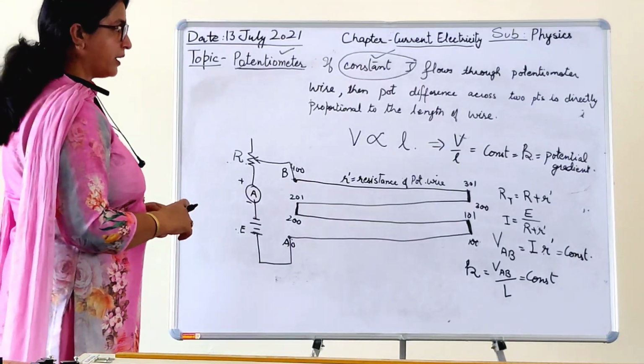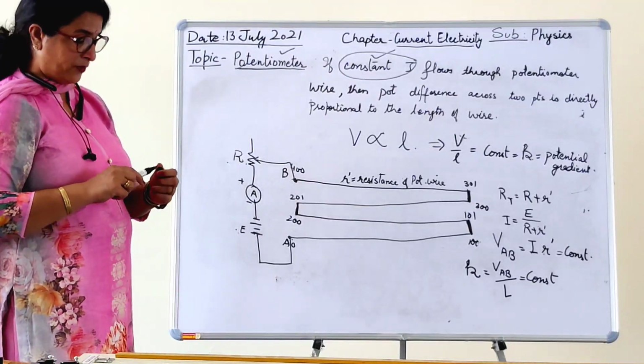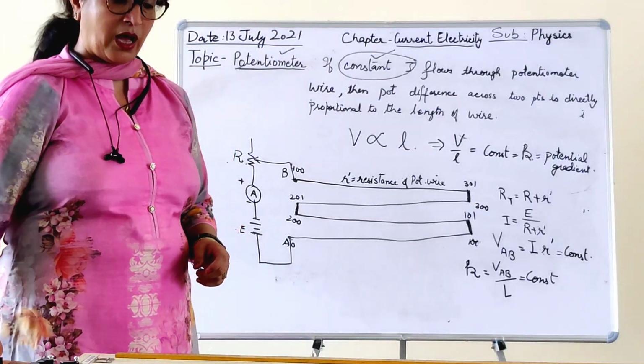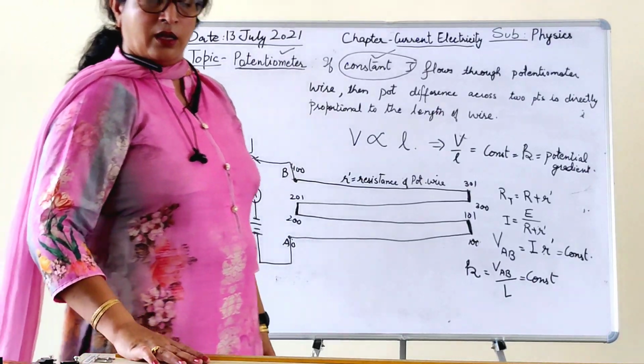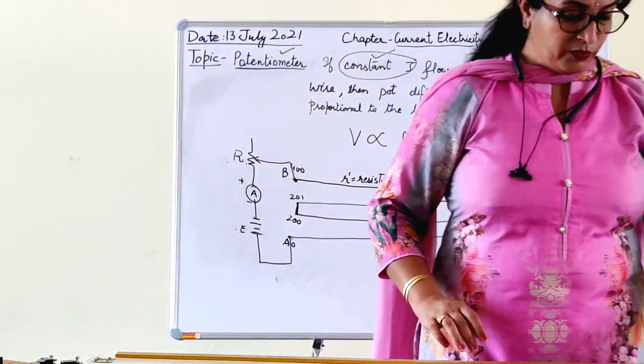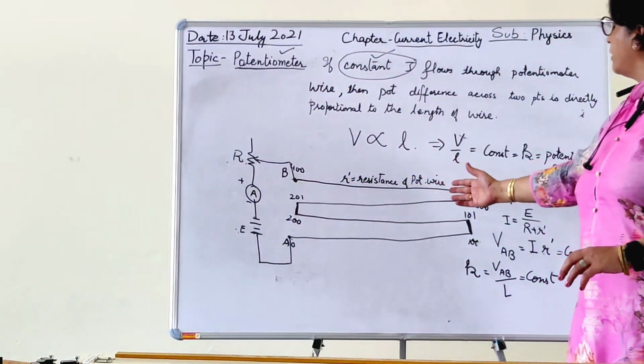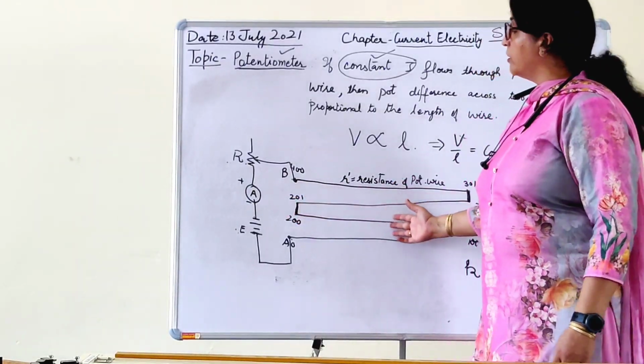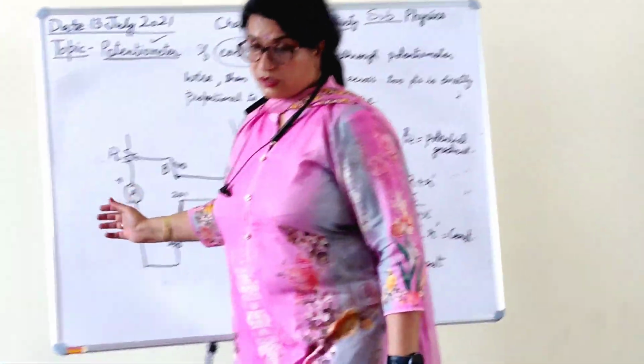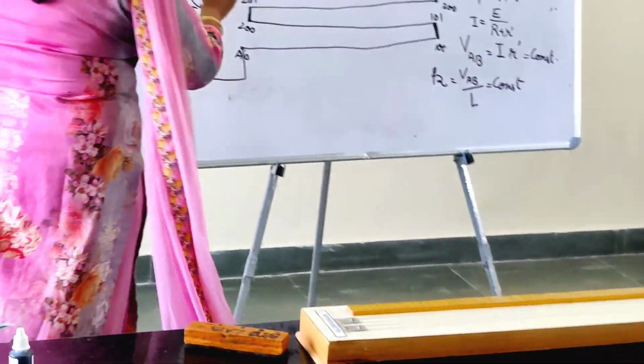So let's do the practical related to this. I will introduce the apparatus which is required, which I have already connected. I have drawn it on the board. So this is your main circuit.